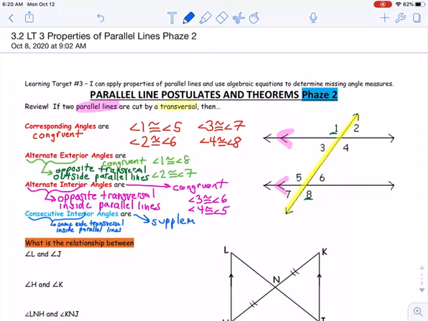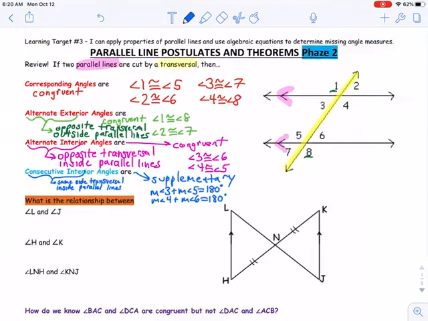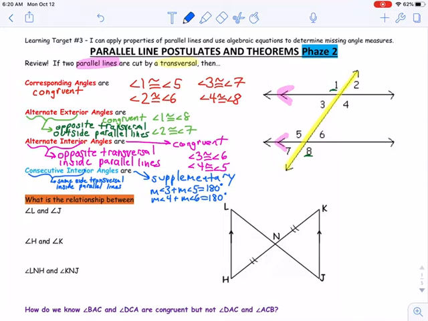These are the ones that are different. So in this particular case, measure of angle 3 plus the measure of angle 5 equals 180 degrees. Measure of angle 4 plus the measure of angle 6 equals 180 degrees. So that's just a quick review. What the words mean, location, congruent, supplementary, all that fun stuff.